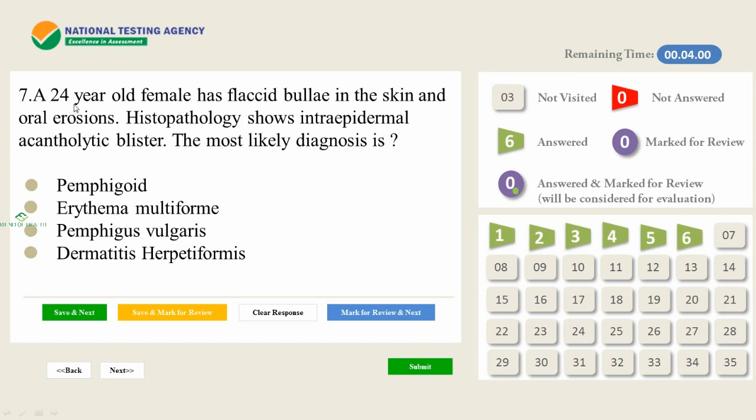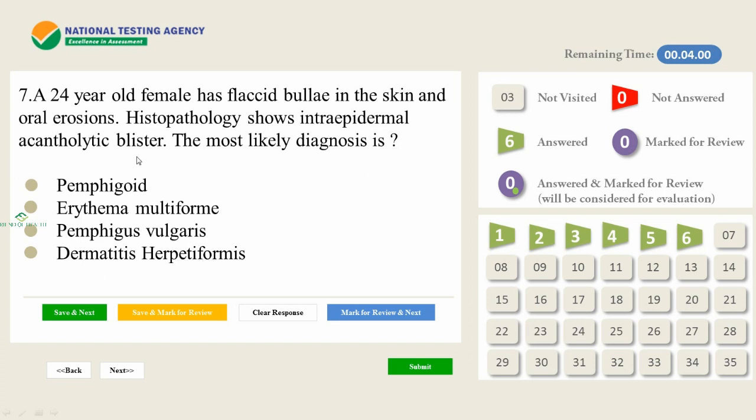And next question: a 24-year-old female has flaccid bullae in the skin and oral lesions. Histopathology shows an intraepidermal acantholytic blister. The most likely diagnosis is pemphigoid, erythema multiforme, pemphigus vulgaris, or dermatitis herpetiformis?